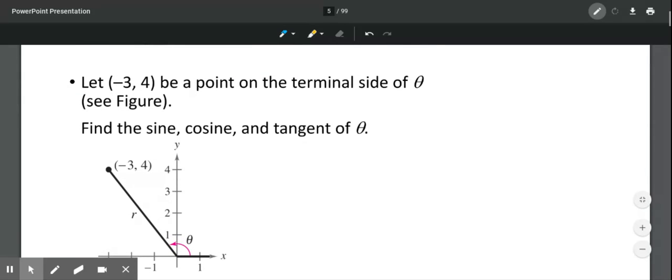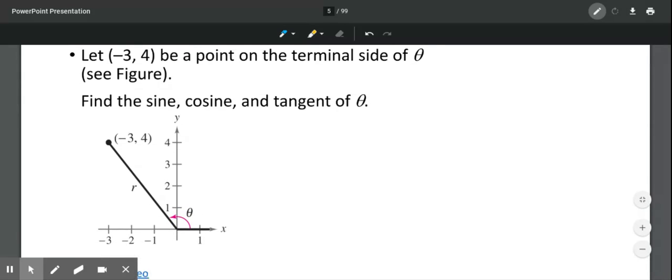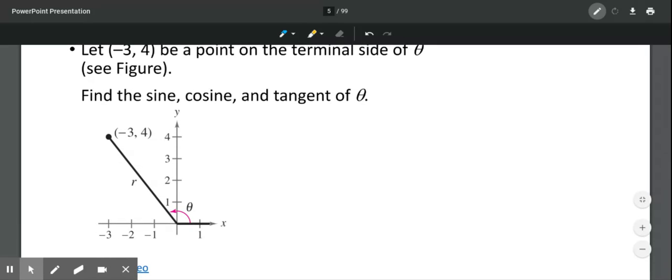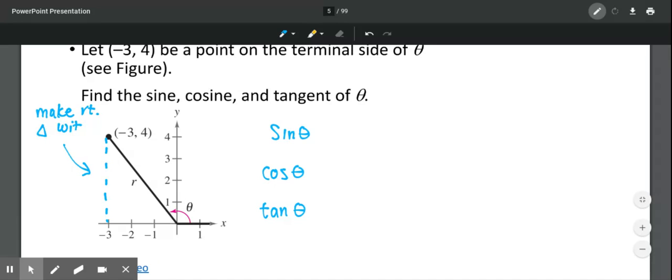All right, so let's look at this first example. We have the point -3,4 as a point on the terminal side of the angle, and we want to find the sine of theta, the cosine of theta, and the tangent of theta. Our first step is to create a right triangle, and you always create your right triangles with the x-axis.